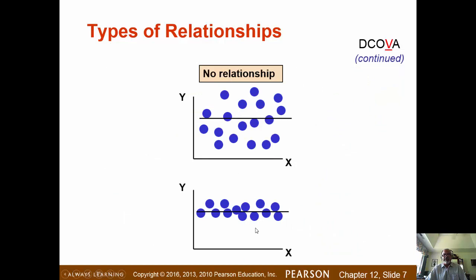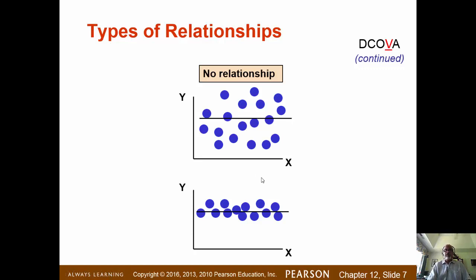You can see that no matter what x is, y seems to be the same value. So there is no relationship between x and y, but you can say that y has more variance here because the values are more spread apart, whereas here the values are within a tight range, so the variance of y is smaller. In either of these two cases, x doesn't have any influence over y, so the correlation is close to 0.